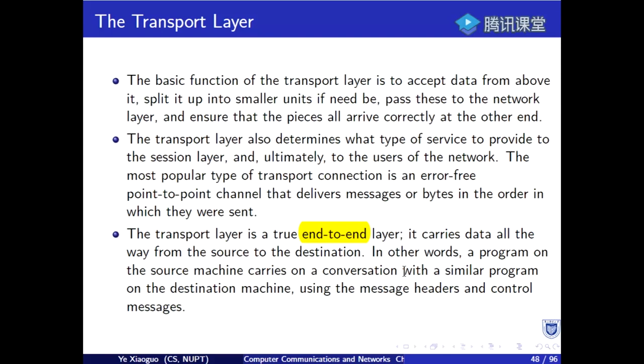The basic function of the transport layer is to accept data from above it, split it up into smaller units if need be, pass these to the network layer, and ensure that the pieces all arrive correctly at the other end. So this is the basic function of the transport layer.